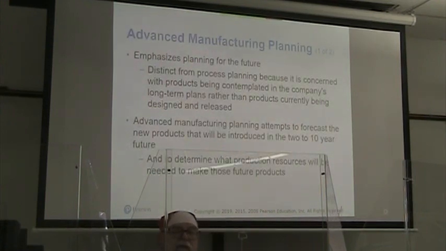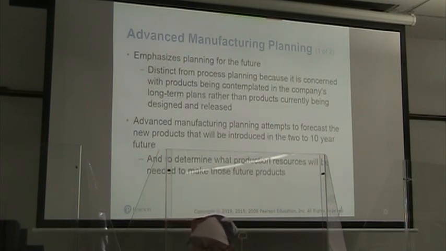So when we think of advanced manufacturing planning, we're trying to forecast what new products will be introduced in a 2 to 10 year time frame, and to determine what are the production resources that we'll need to make those future products.